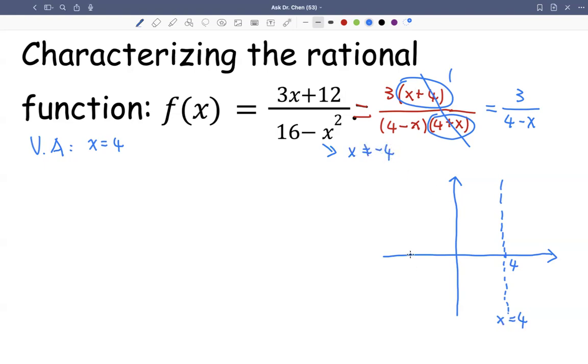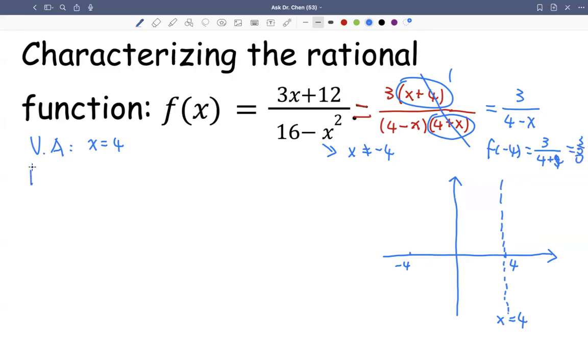So this is negative 4. When x is negative 4, f of negative 4, after simplification, we use this function to evaluate. We get 3 divided by 4 minus negative 4, which becomes 4 plus 4. So we get 3 over 8.